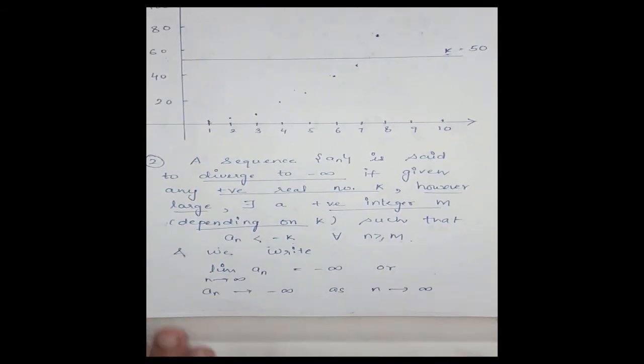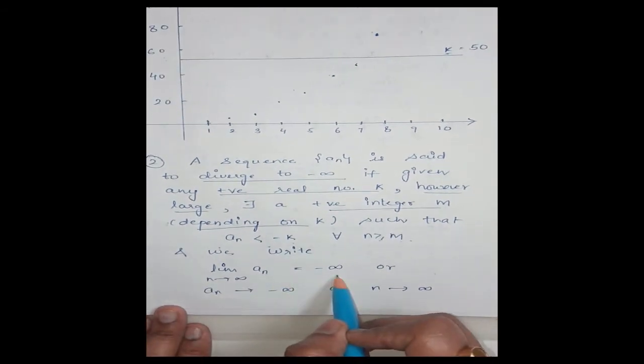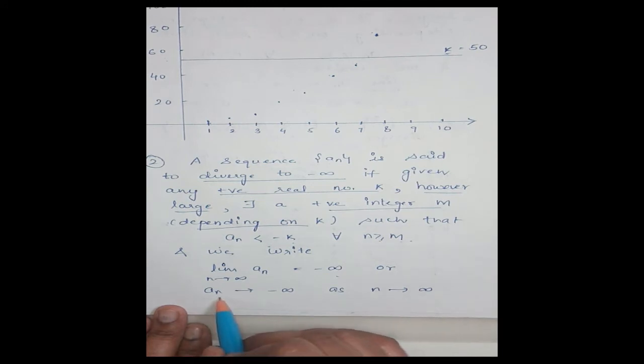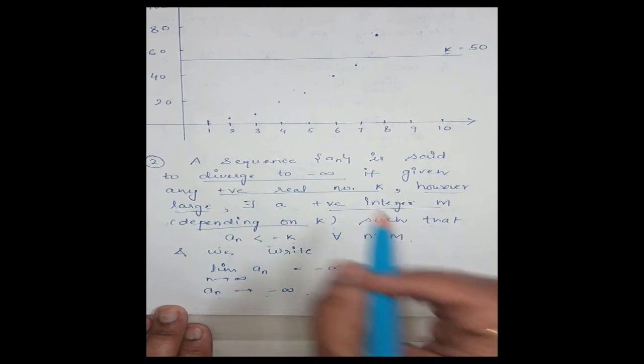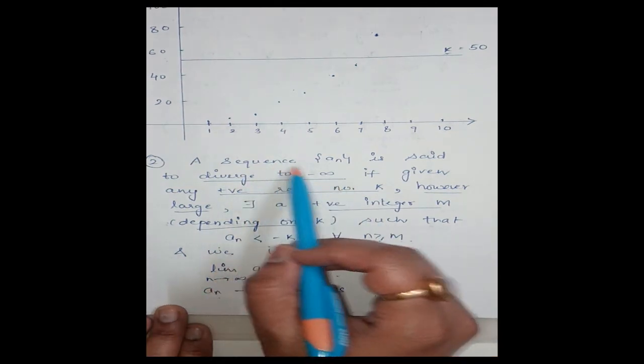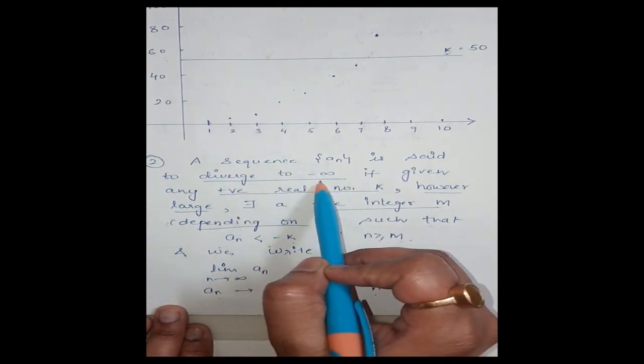In this case, we write limit n tending to infinity an is equal to minus infinity, or we can also say an tends to minus infinity as n tends to infinity. This is the meaning of a sequence diverges to minus infinity.